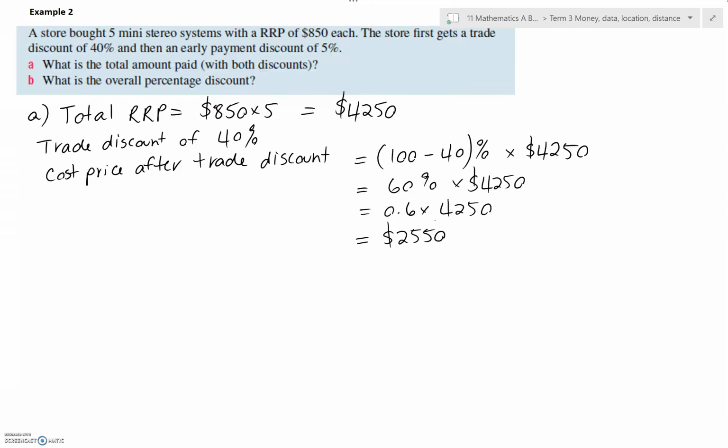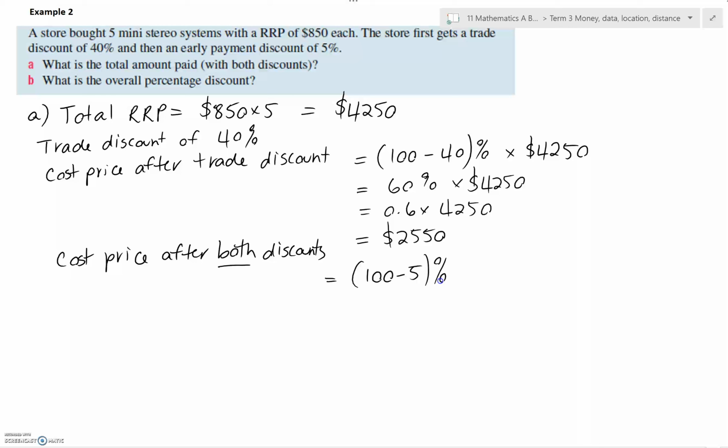Now the second thing we have to do is find out the cost price after both discounts. So we now need to take another 5% off. So the cost price after both discounts is going to be 100% minus another 5%, but the value that we're starting with this time is the amount after trade discount. So you can see the cost price is going to be different now.